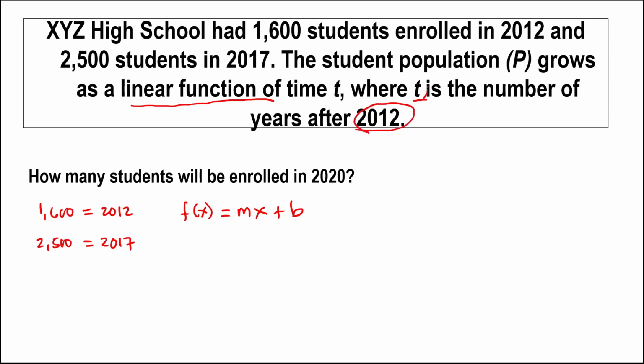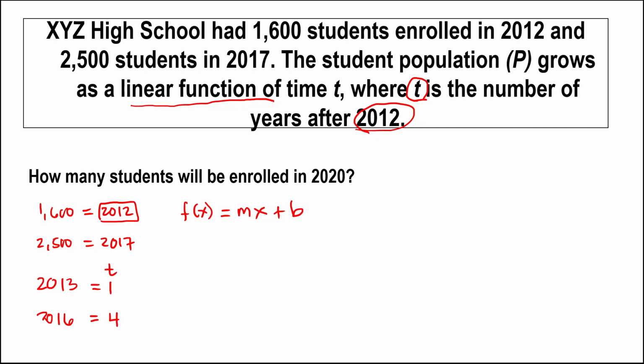So since the time is after 2012, in 2013 the time is equal to 1, and in 2016 the time is equal to 4.